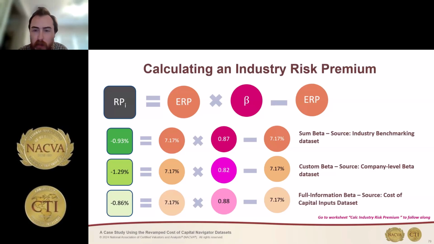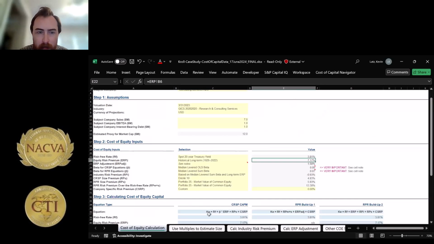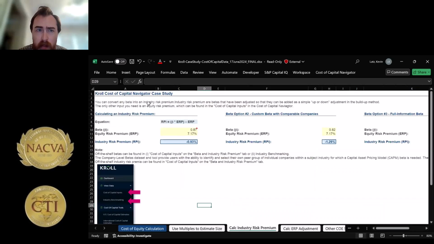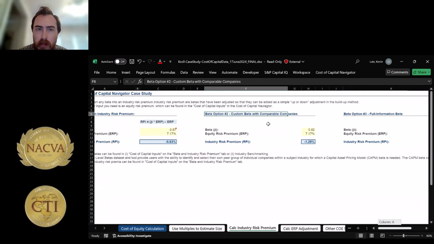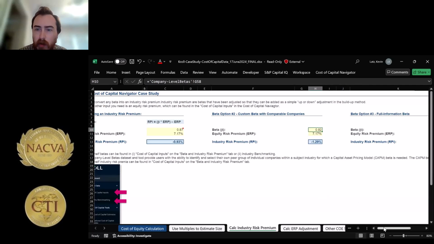Now, you can also follow along on the Calc Industry Risk Premium tab. So I'm going to go to that now. I'm back in Excel. I'm going to go to the tab Calc Industry Risk Premium. And now we can see those same calculations being done, matching what we see in the slides. Here we can see the beta using the industry benchmarking beta. Here we can see it with the custom beta using comparable companies.